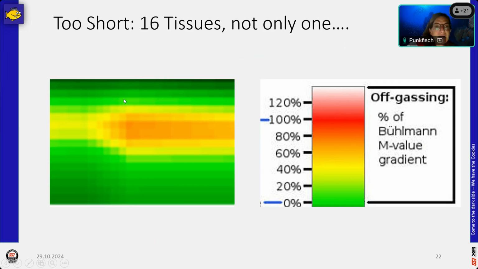And you see that the very fast tissues already desaturated enough on the ascent that they are back to a 0 to 20% oversaturation, supersaturation, which does not matter at all. And then these medium tissues reach a little bit more supersaturation, like up to 60%, I would estimate, for these medium tissues.